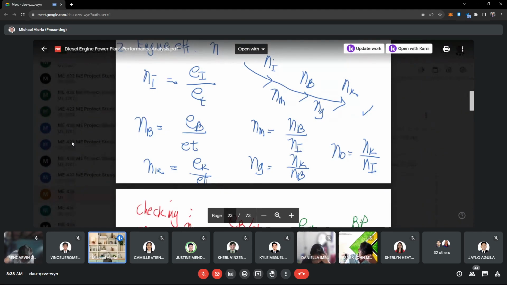Likewise, your generator efficiency into EP over BP. Yung iba ay magawa din. Baka mali rin i-present na rin si Renz Arvin. Magtatawag uli ako.